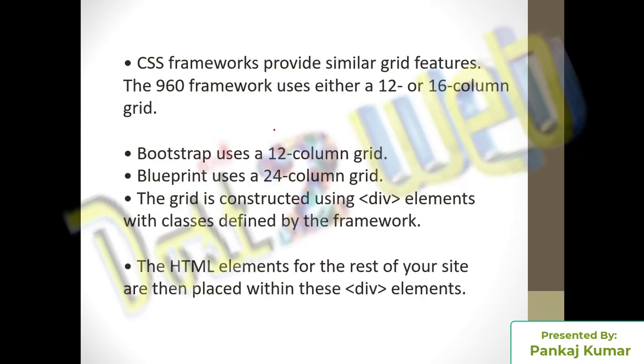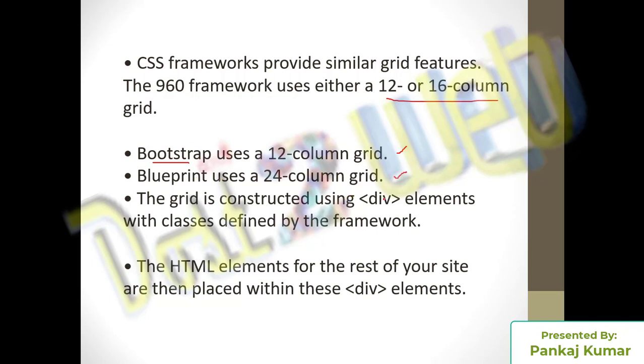And CSS frameworks will provide something similar to the grid system, and the 960 framework uses either a 12 or 16 column grid, and bootstrap will use only a 12 column grid. Blueprint uses 24 columns.